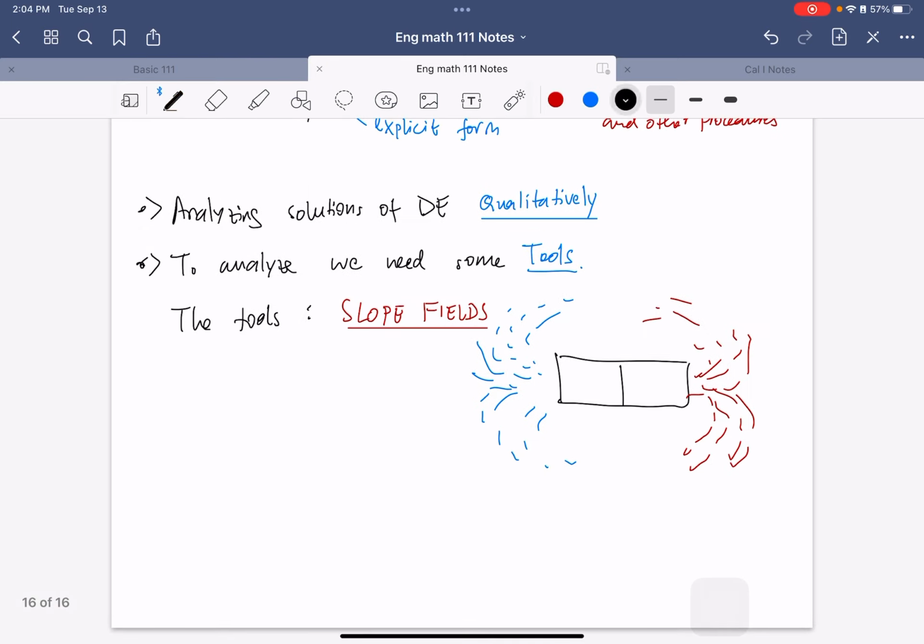So we can start with this dy over dx, which represents the tangent line at specific points.